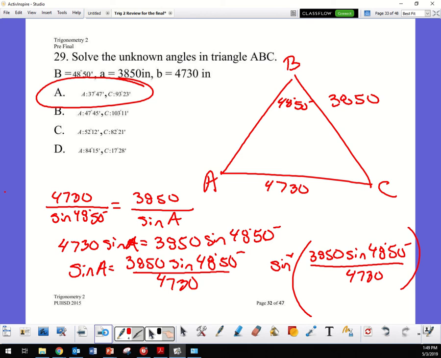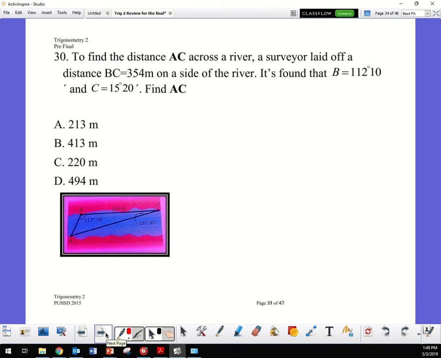All right. Number 30. Listen, please. On this one, find the distance across. A surveyor laid off a distance BC. I really hate the fact that whoever did this one tried to make it color, and it did not help.